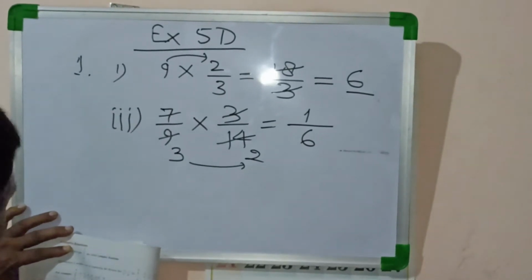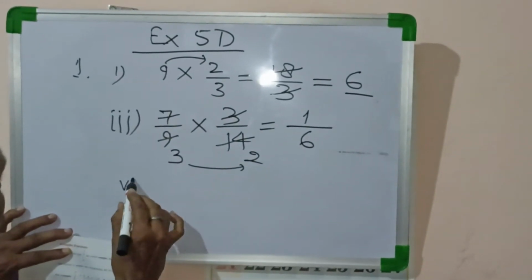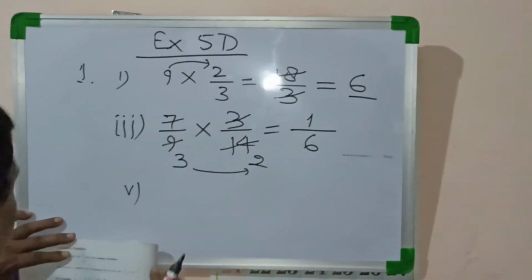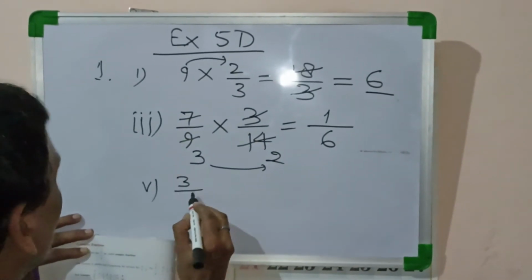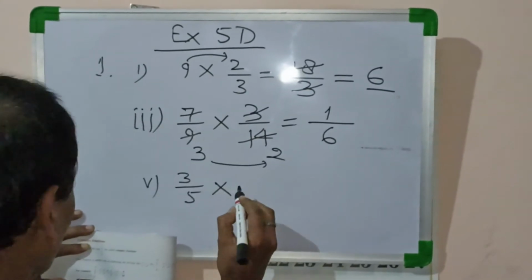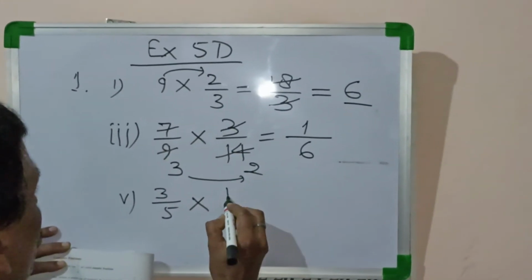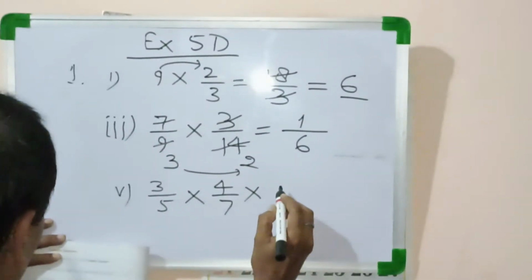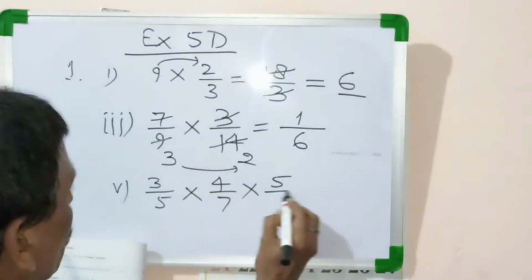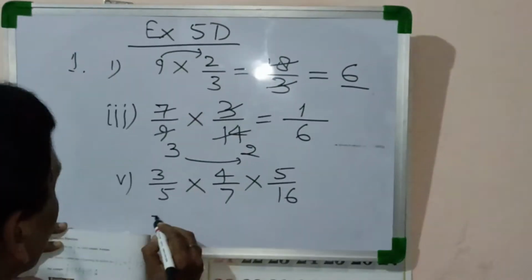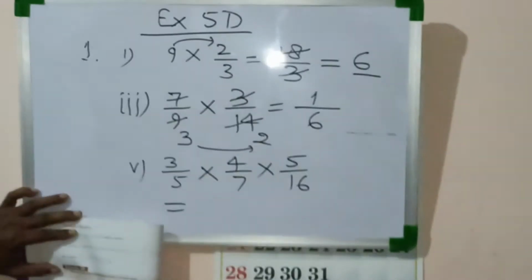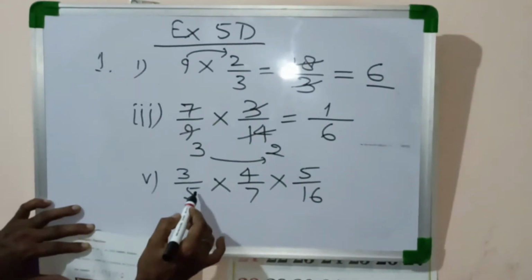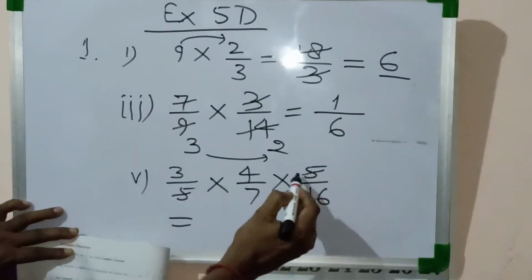In the same way, fifth part. 3 by 5 into 4 by 7 into 5 by 16. There it is. You see this 5 can divide this 5.